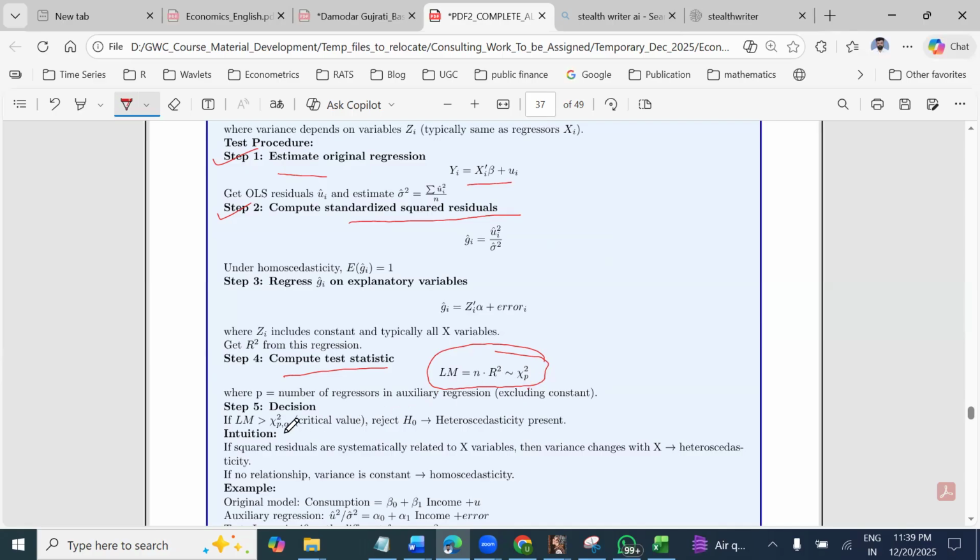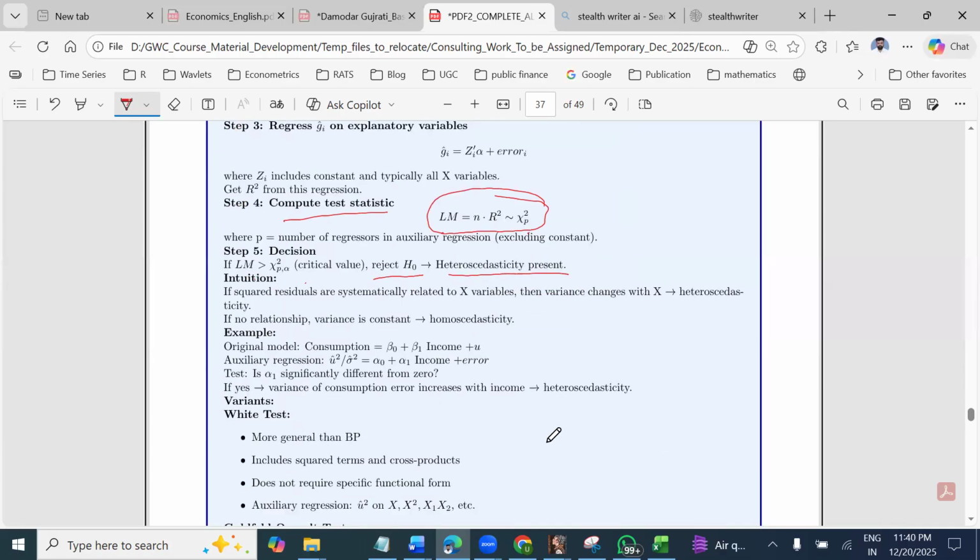If the LM test statistic is greater than the chi-square critical value, which is based on the question, then we reject H naught. Then heteroscedasticity is present in the regression. So now what is the intuition over here?